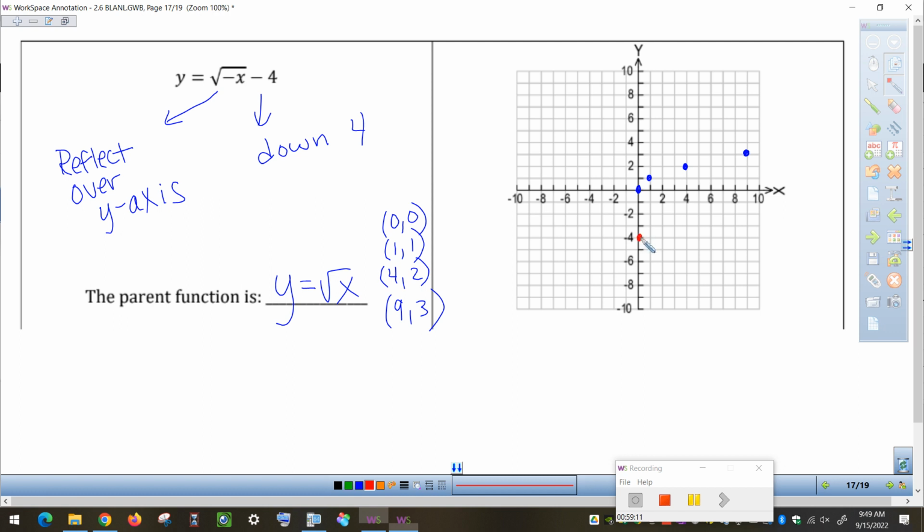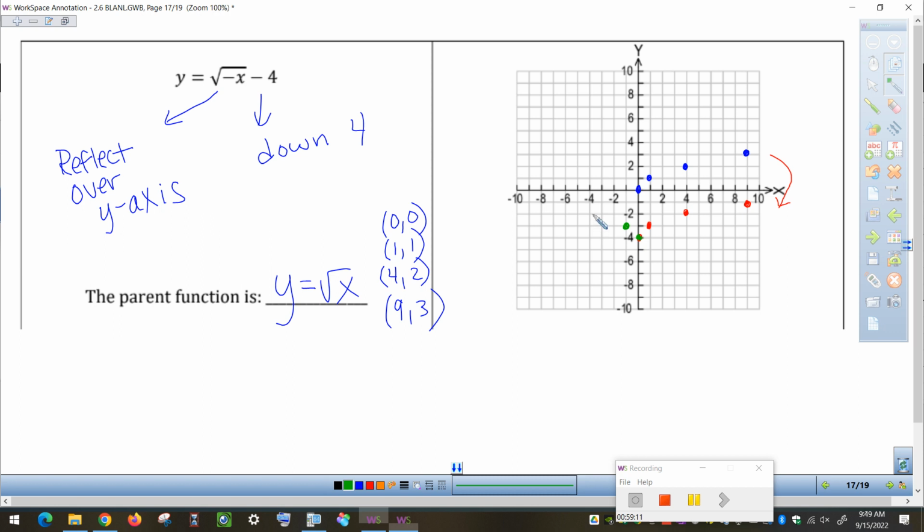So I'm going to move everything down 4 spaces first. I do my in-between step here in red. Hold on, 1, 2, 3, 4. Okay, so that was down 4. Then I'm going to go ahead and take those, and reflecting over the y-axis, I'm just flipping it over the other way. This anchor point stays the same, but this point is going to flip over there.